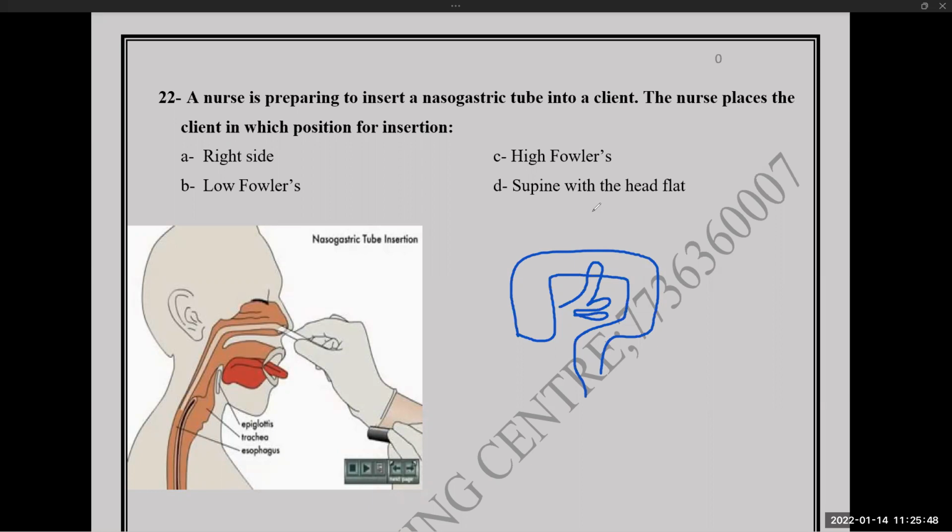Okay, my question is this. In this particular patient also, a nasogastric tube is inserted. What is the reason for insertion of a nasogastric tube in intussusception?